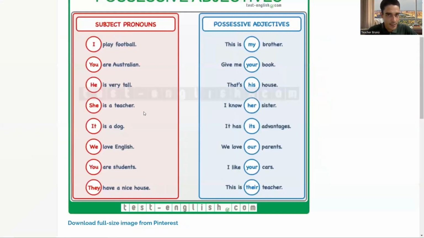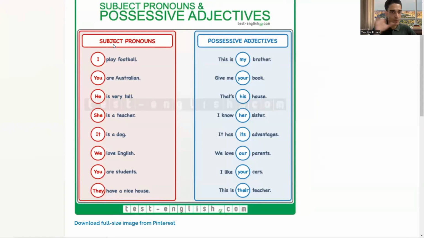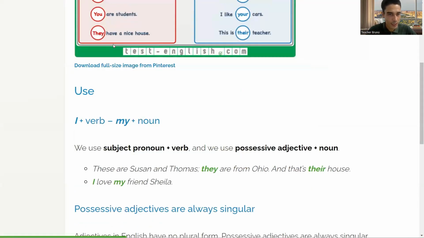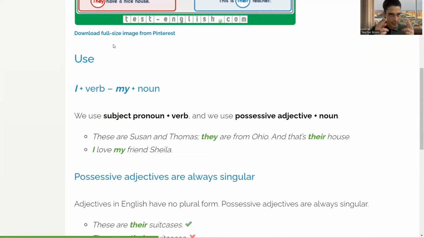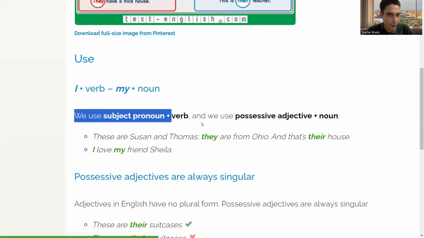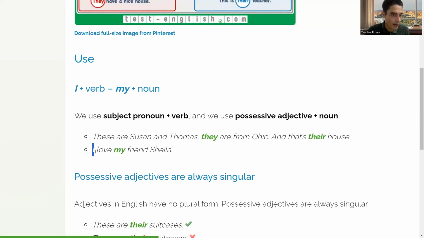So this is the list of subject pronouns and possessive adjectives. Now let's take a look at some grammar rules. For example, we use the subject pronoun plus verb. Okay, subject pronoun, I love my friend. Subject pronoun, I have a dog.